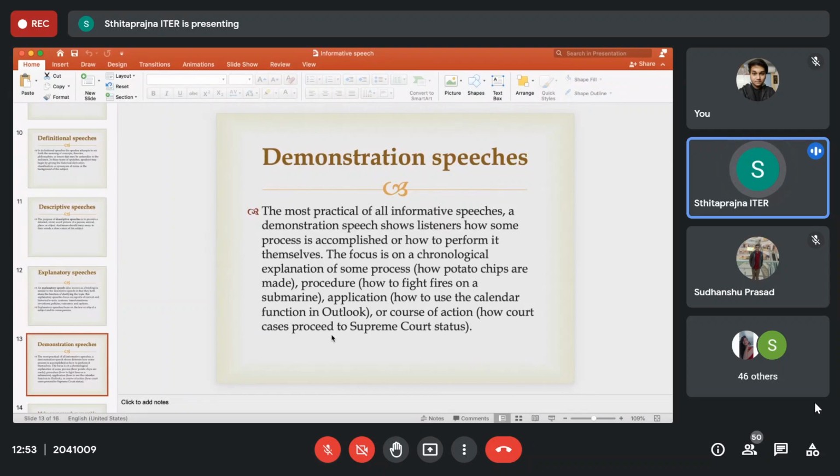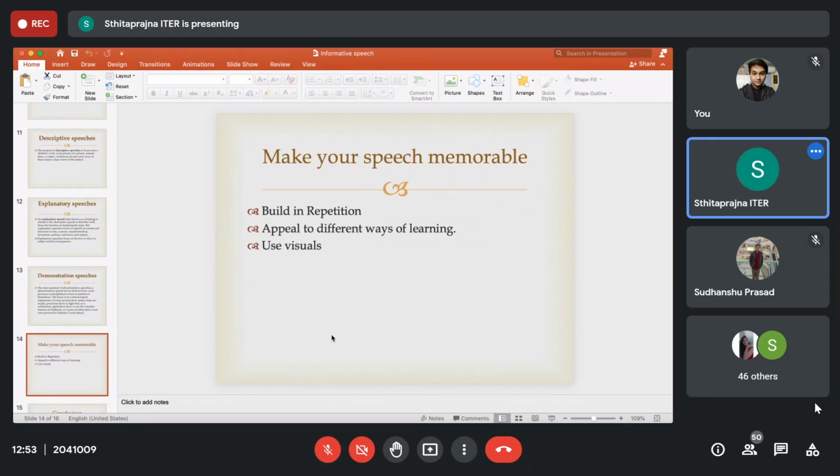Now you decide on what you exactly would like to do. How would you make your speech memorable? By building in repetition, keep repeating. That's important. Repetition is a very significant aspect in giving out information on key ideas.